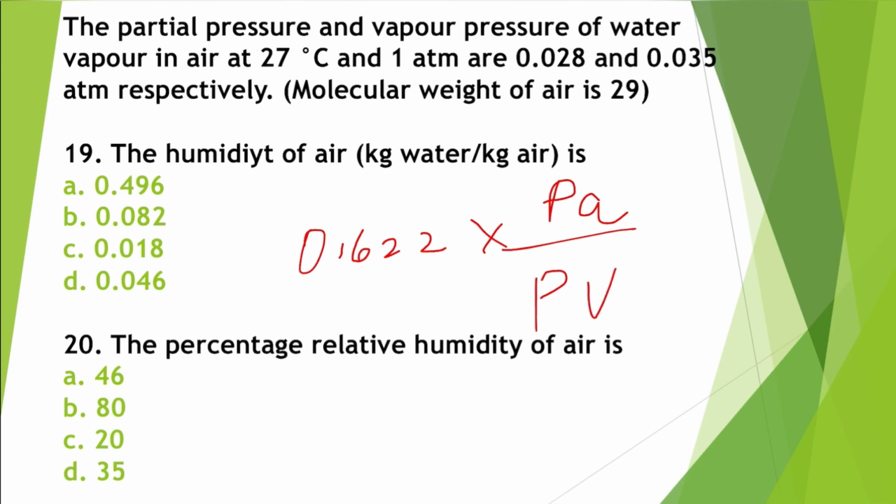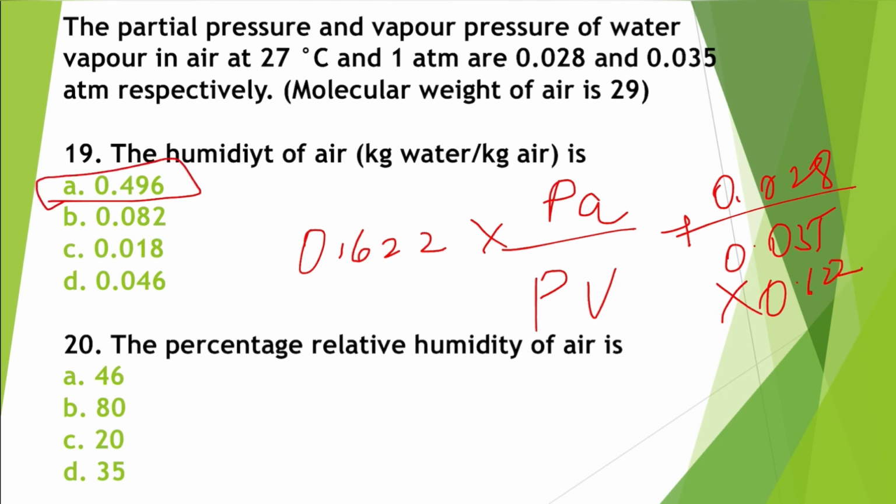So partial pressure of air and partial pressure of water vapor. We have to divide it, 0.035 into 0.622. So the correct answer will be A. You will get the answer easily in this.